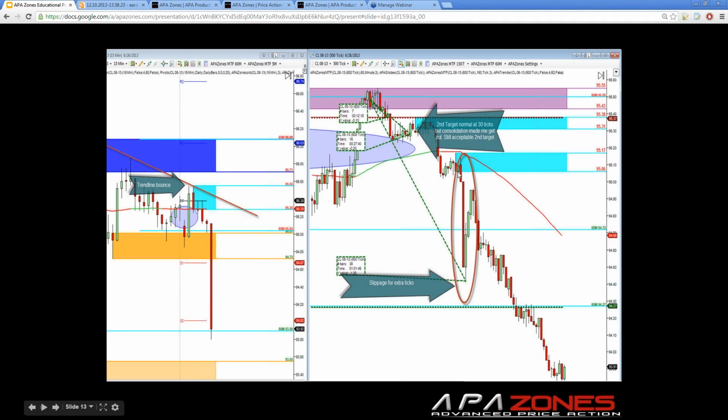And you can see that the inventories really did speed up the move, as this is the inventories and what happened during that particular area. So if we're looking at the right side of our chart, APAZones is obviously all over these two time frames. You can see that we have a 60M printed over here in red, which stands for a 60-minute zone.